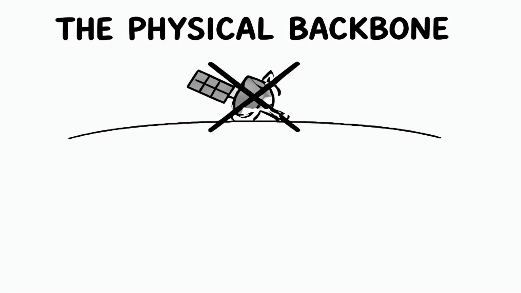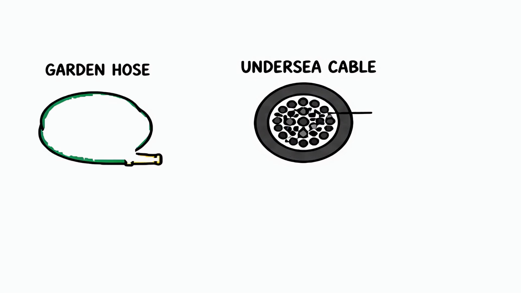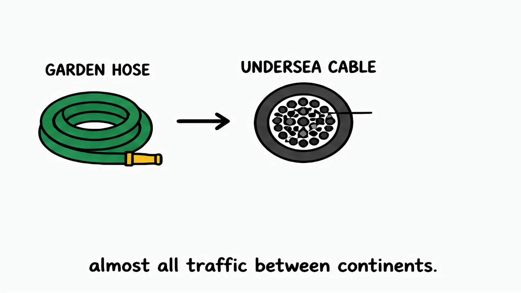Now let us zoom out and look at the physical backbone of the internet. The biggest, most important pieces are not satellites in the sky. They are actual cables lying on the floor of the ocean. These undersea cables are about as thick as a garden hose, but they carry almost all of the internet traffic between continents.